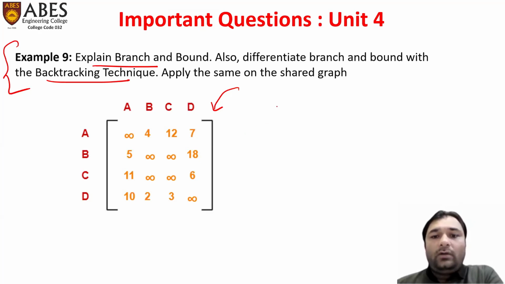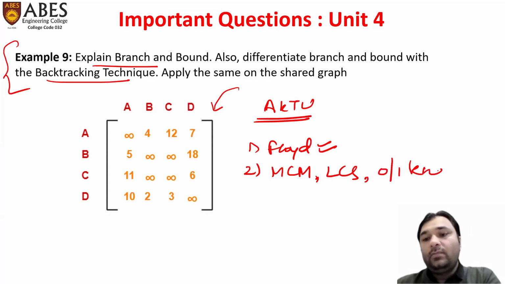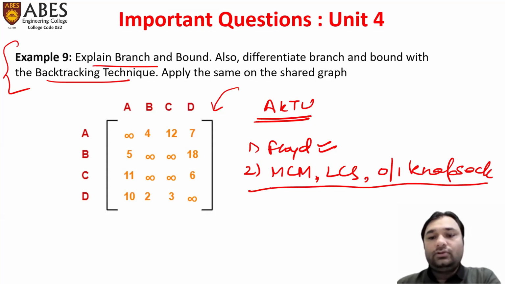Right. So if we talk about the AKTU perspective, then the Floyd-Warshall question will always be asked. And for MCM, LCS, and 0-1 knapsack, there is one question from each. So we are assured that we will definitely have one question from this.